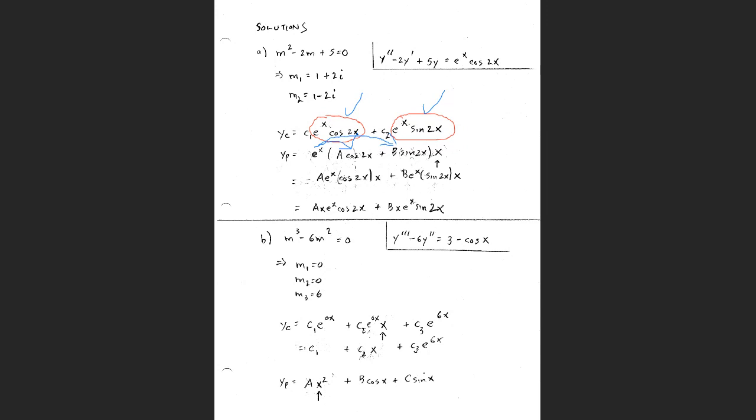And so you got repeats. Because of the repeats, you need to introduce an x. Now, of course, that's going to make taking derivatives harder, but we have to deal with it. And we do have a program that can help us check our derivatives. So this is what the particular solution looks like right here.